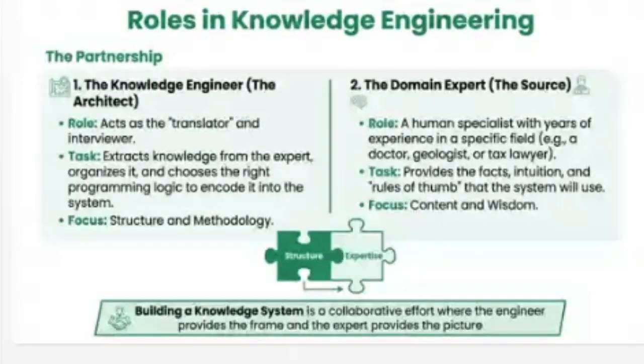The task of a knowledge engineer is to extract knowledge from the expert, organize it, and choose the right programming logic to encode it into the system. The task of a domain expert is to provide the facts, intuition, and rules of thumb that the system will use. The focus of a knowledge engineer is structure and methodology, and the domain expert provides context and wisdom.